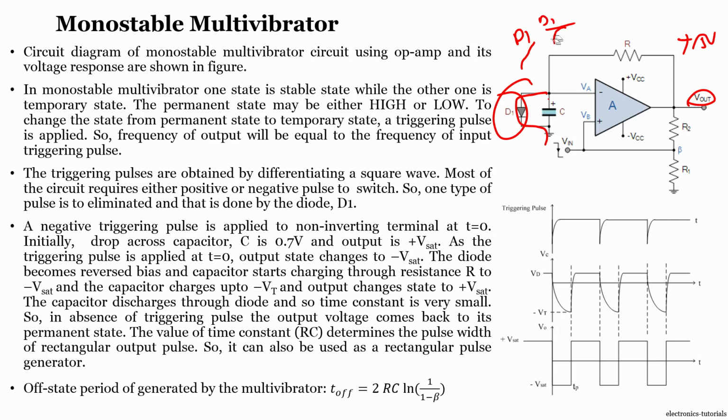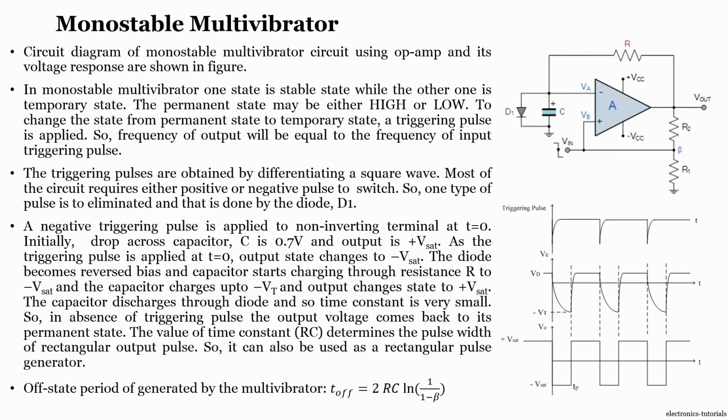Now, when the output is at positive, it will never go back to the negative signal, right. Why? Imagine that initially we are getting Vout as plus VCC. There are only two states, either the plus VCC state or the minus VCC state. So let us consider Vout to be in the plus VCC state.